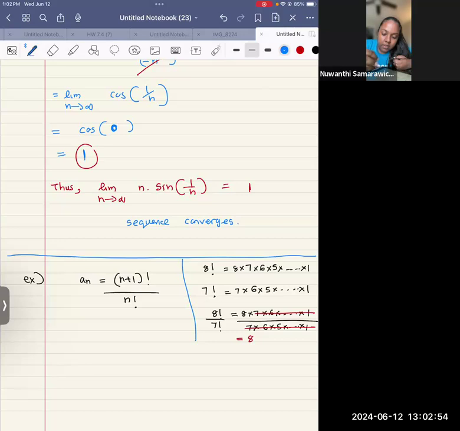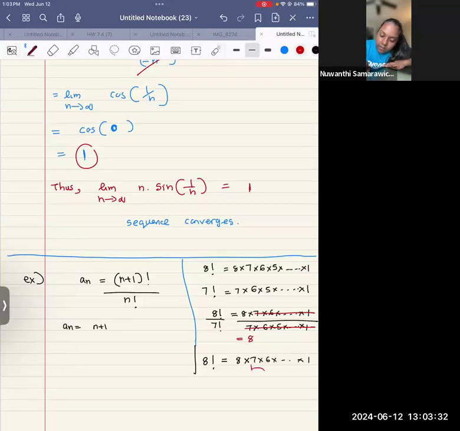So we are going to use the same method here. We can write the numerator, a sub n, as n plus 1 factorial. And also another way, we can write 8 factorial as 8 multiplied by 7 multiplied by 6 multiplied by down to 1.